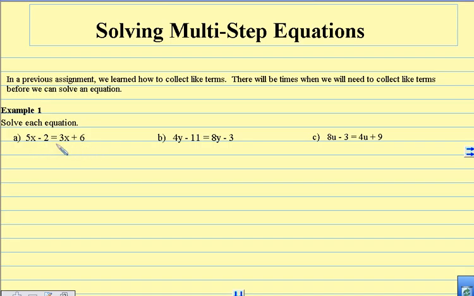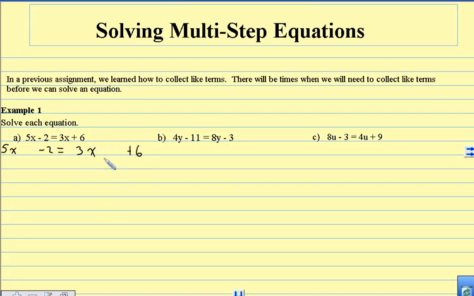So for instance, if I was going to do example 1 here, I would write it as 5x minus 2 equals 3x plus 6, leaving some space.